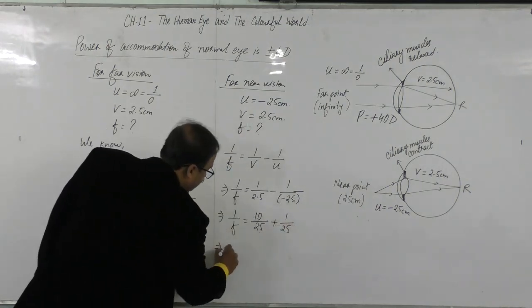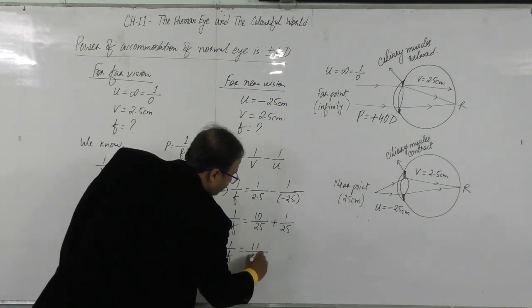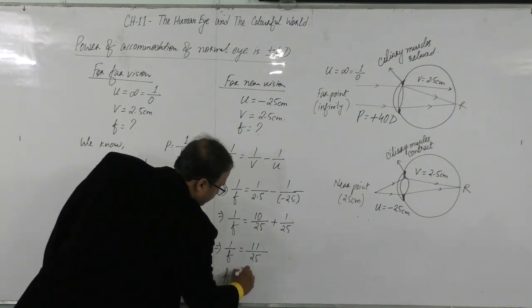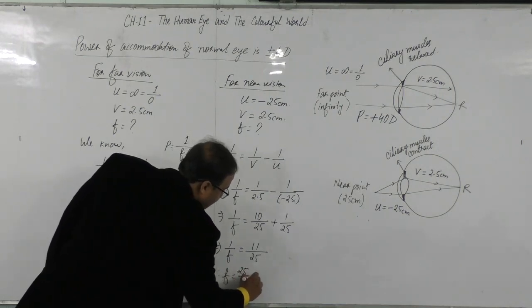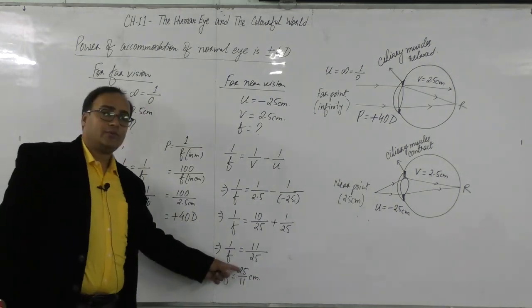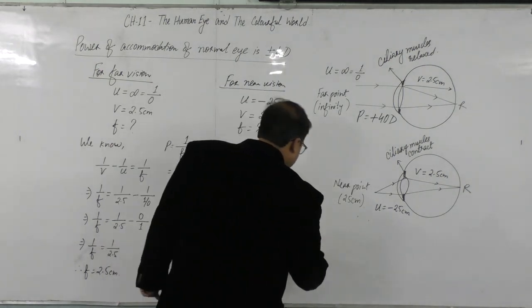Now it is 1 by f is equals to 11 by 25, or we can write f equals to 25 by 11 centimeter. So we have calculated the focal length, कितना आ रहा है? 25 by 11 centimeter, and from that we can calculate power.